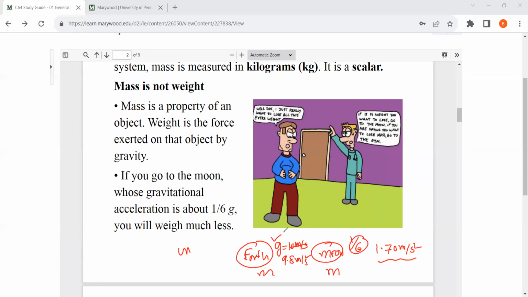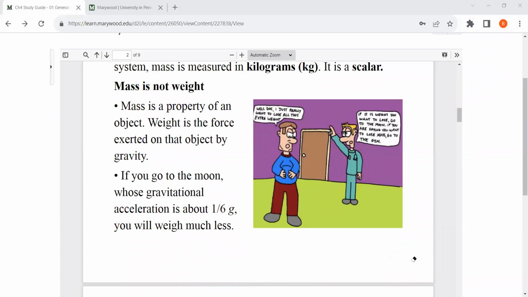Because the gravitational acceleration is lower on the Moon, the weight is also lower on the Moon. So remember that. We are going to formally define the gravitational force in the following slide.